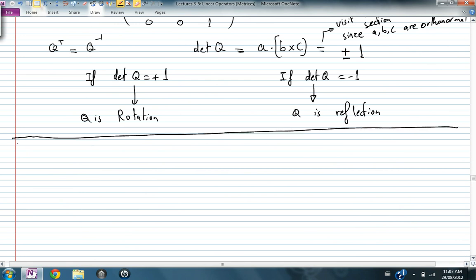Now, of course, the above applies to any dimensions. Q belongs to M, an n by n matrix such that the n vectors are orthonormal.